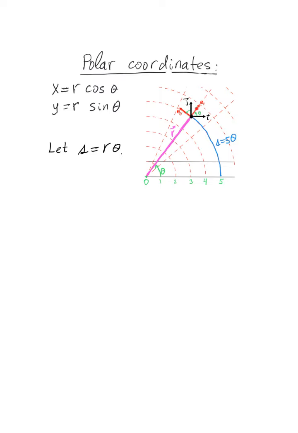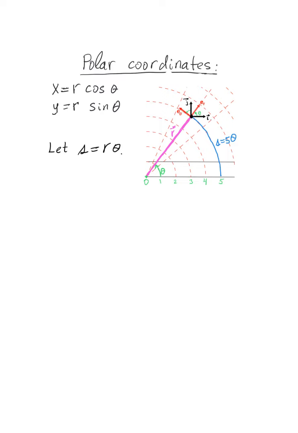So er is along the radius direction, and e theta is the direction tangent to the circle of radius r.